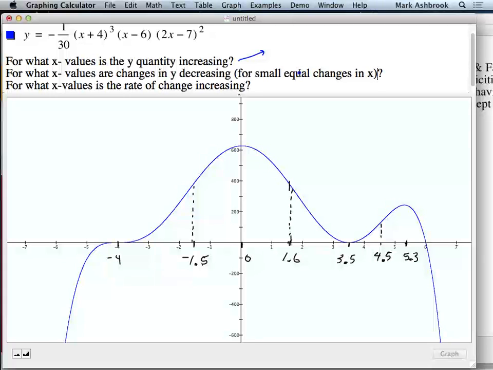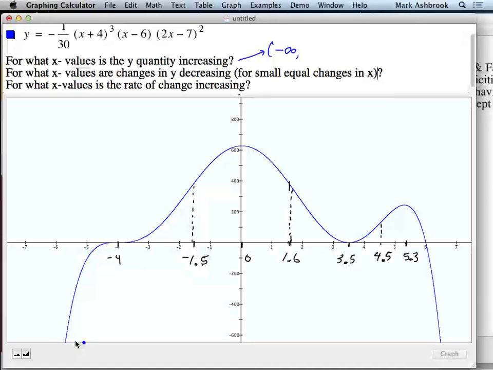Ginger. Okay, she wants -4 to 0. What about over here? Is y increasing there? Okay, negative infinity to? You said at first negative 4 to 0, and then I asked you about this over here.